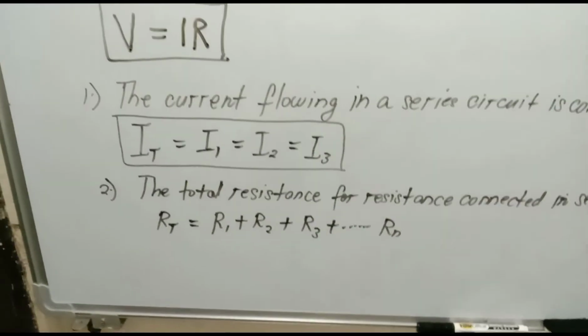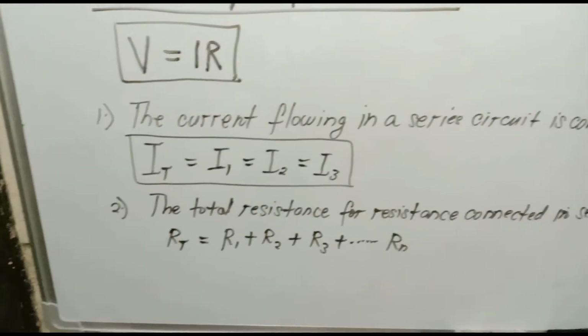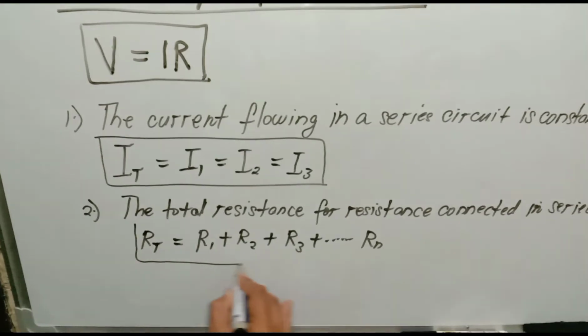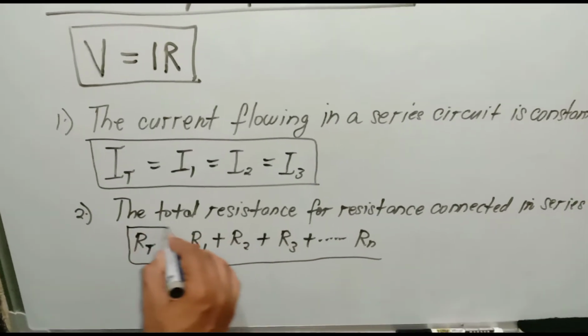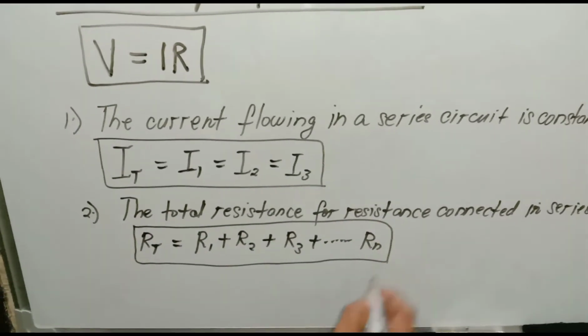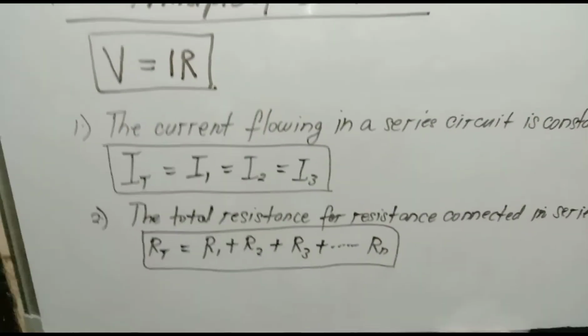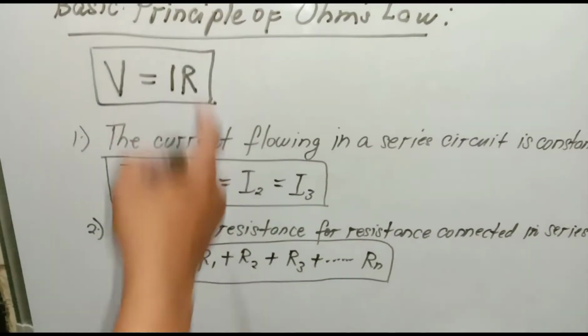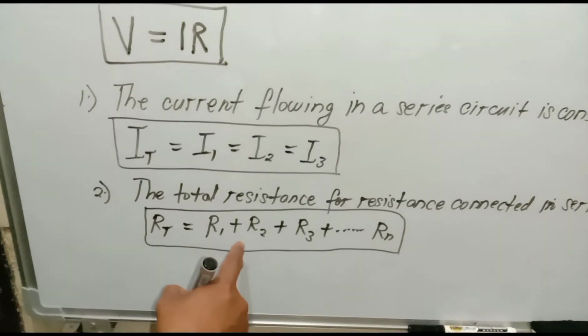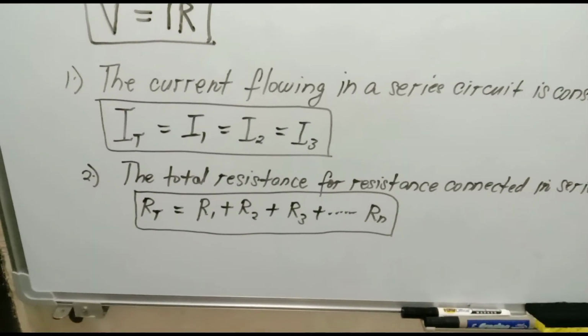So you have to remember this, guys, that the total resistance for resistances connected in series is equal to the summation of all the resistances. So RT is equal to R1 plus R2 plus R3 and so on.